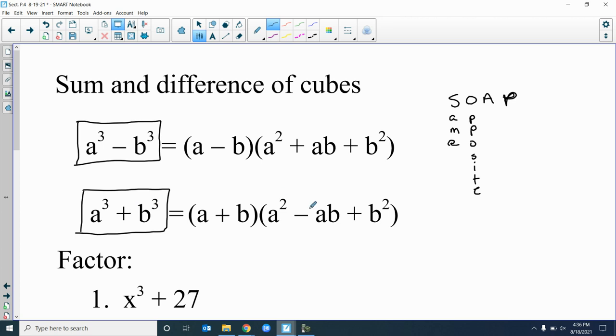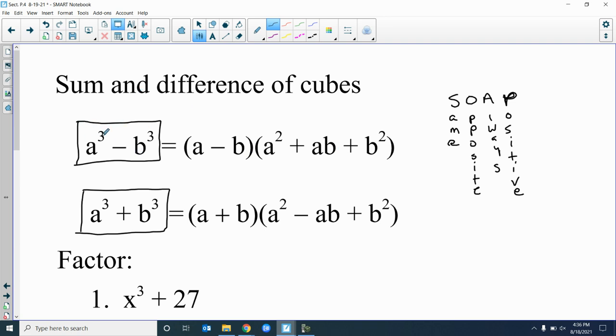Since there's a plus, it's going to be a minus. Now, the last sign is always positive. So it doesn't matter. That kind of helps you keep it, because everything else, in terms of the variables and the powers, is exactly the same, except for the signs. So SOAP: same as the original, opposite of the original, always positive.